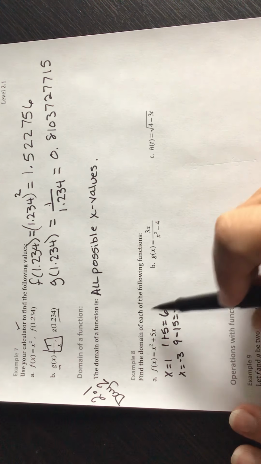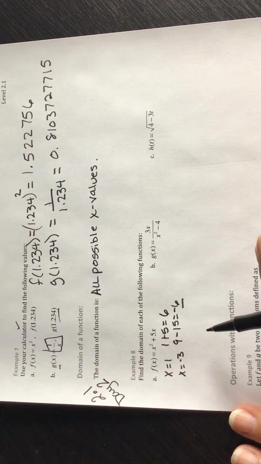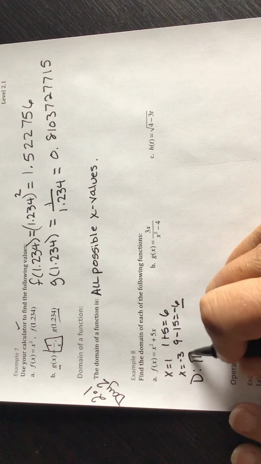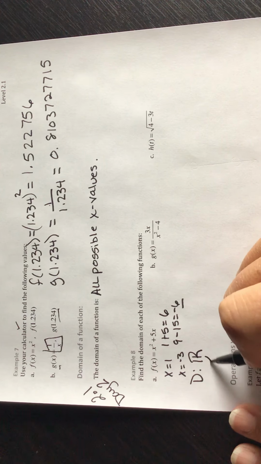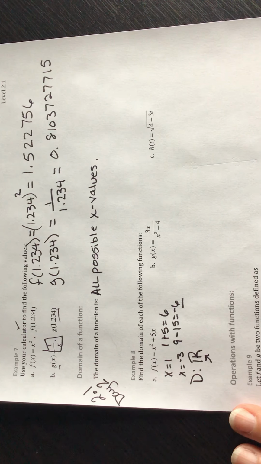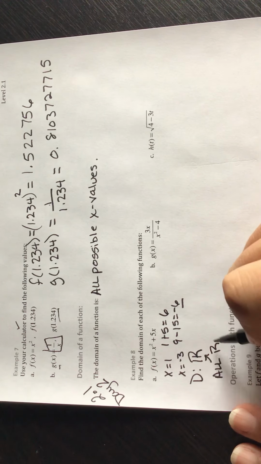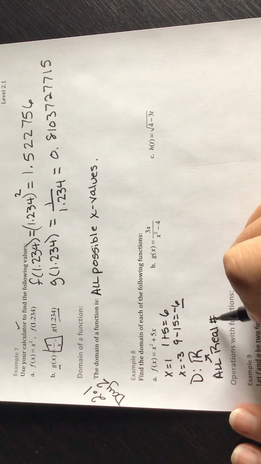All right, so in this case, because I can put in any number for x, we're going to say that the domain is all real numbers. And that's what that little funny R stands for, all real numbers.